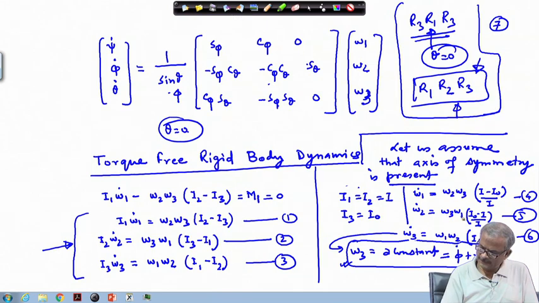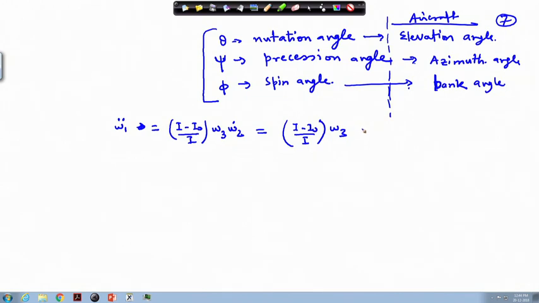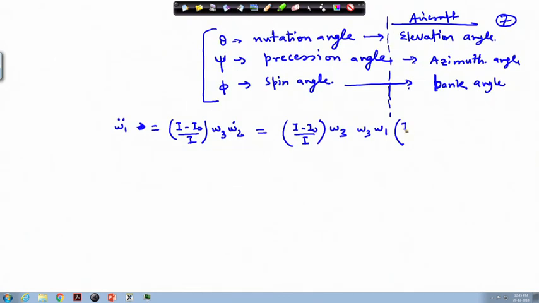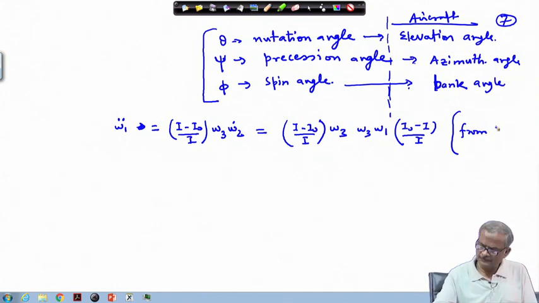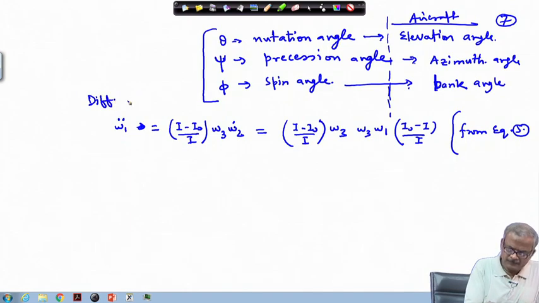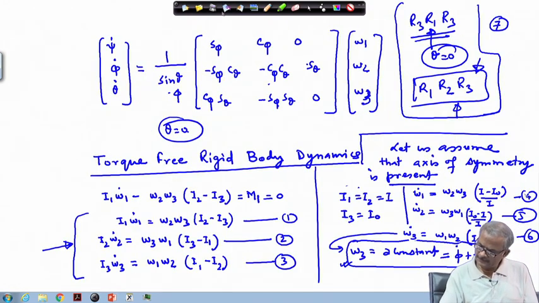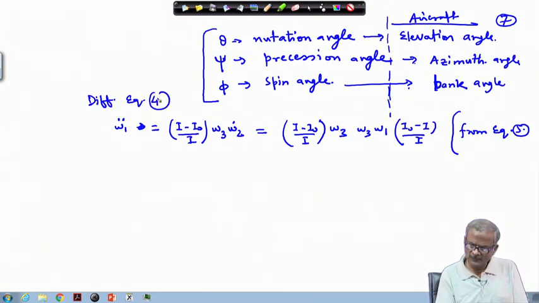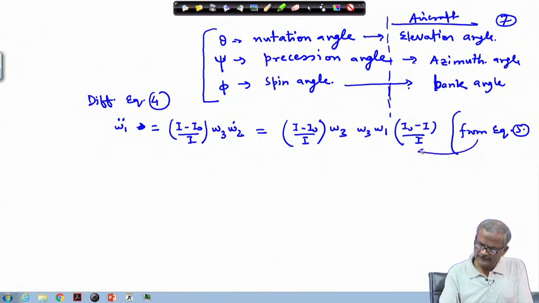Omega 2 dot is omega 3 omega 1 times (I0 minus I) divided by I. We differentiate equation 4, and omega 2 dot we have inserted from equation 5.